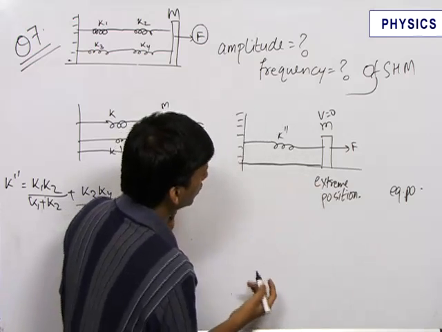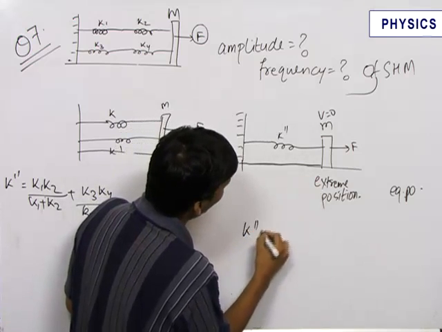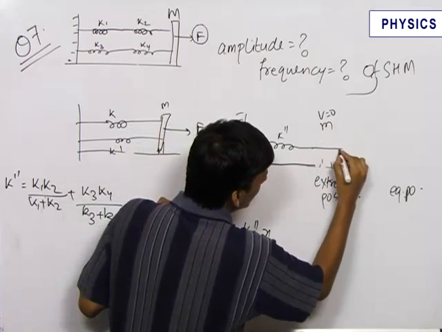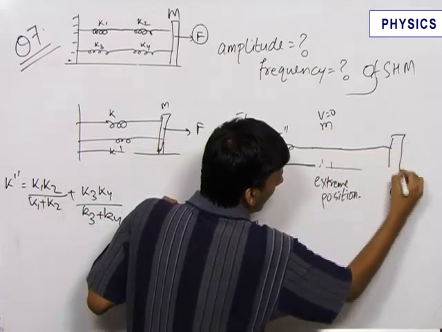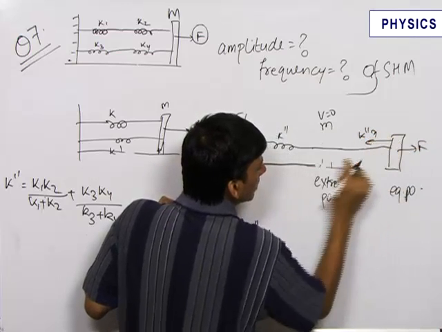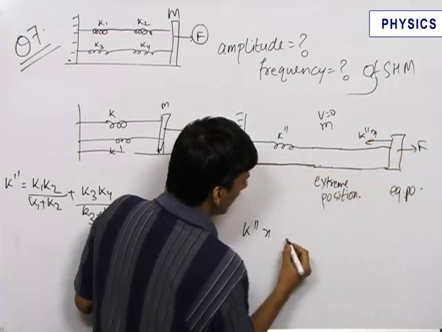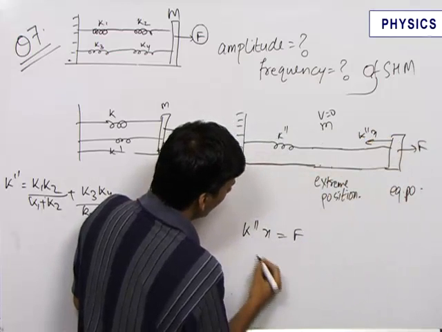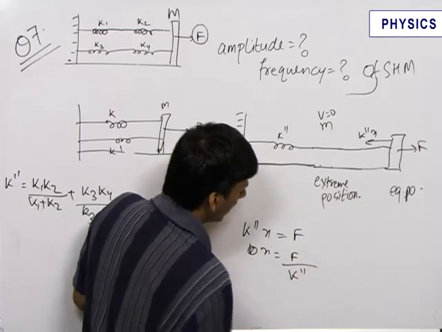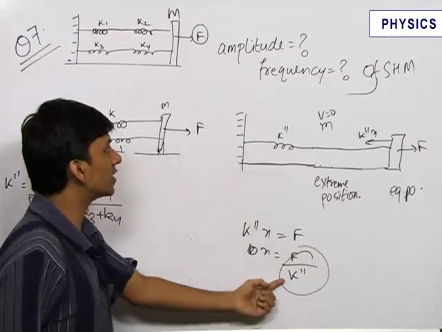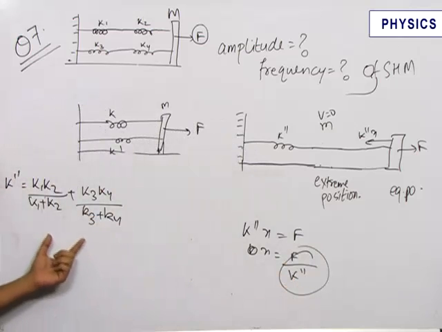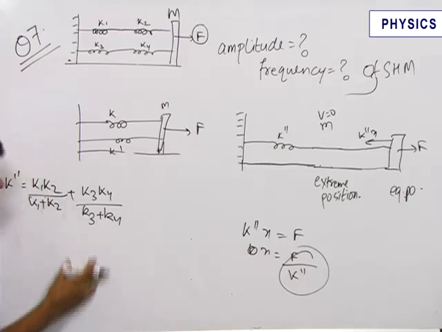Therefore, at the equilibrium position, the spring will be displaced by some amount X such that the net resultant force becomes 0. Therefore, K double dash X becomes equal to F. Therefore, X becomes equal to F upon K double dash. So we get the answer for the amplitude of the SHM to be F upon K double dash, which is equal to F upon this quantity.